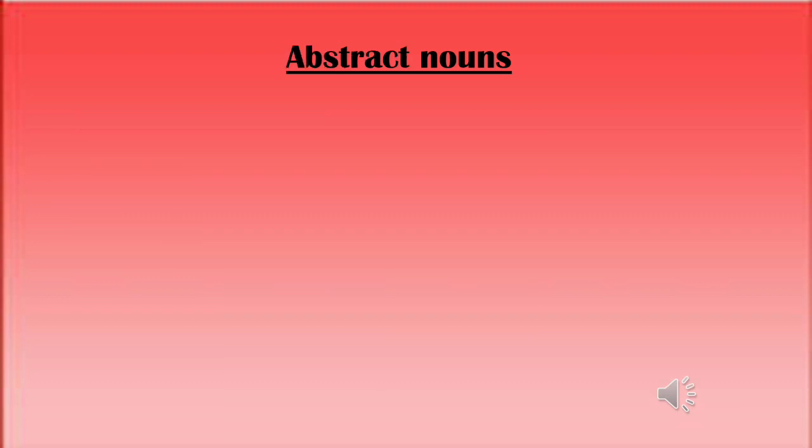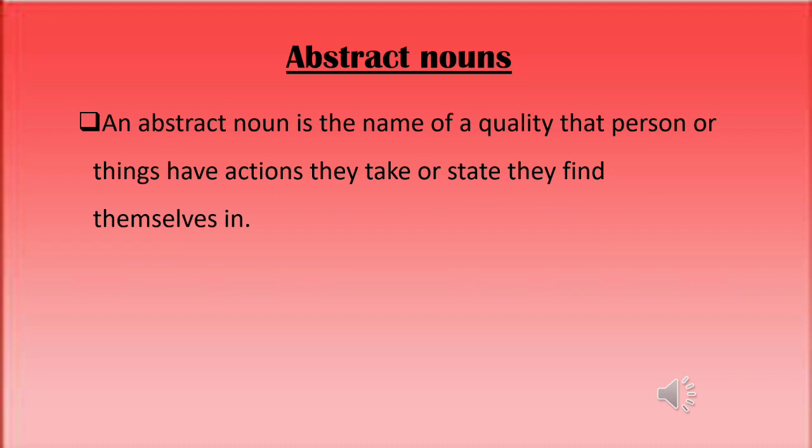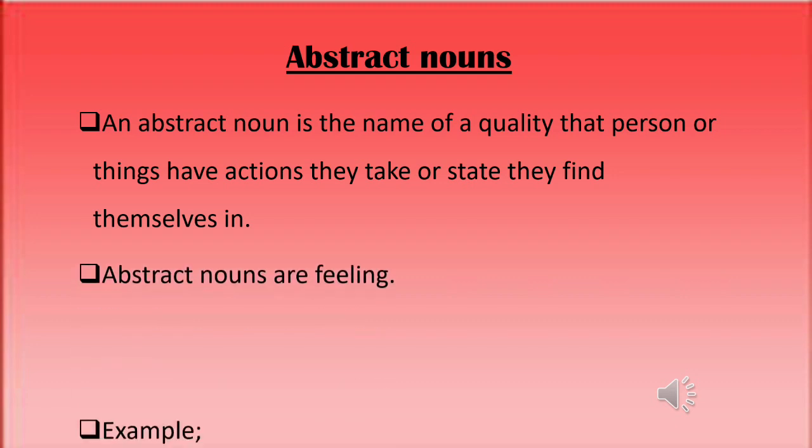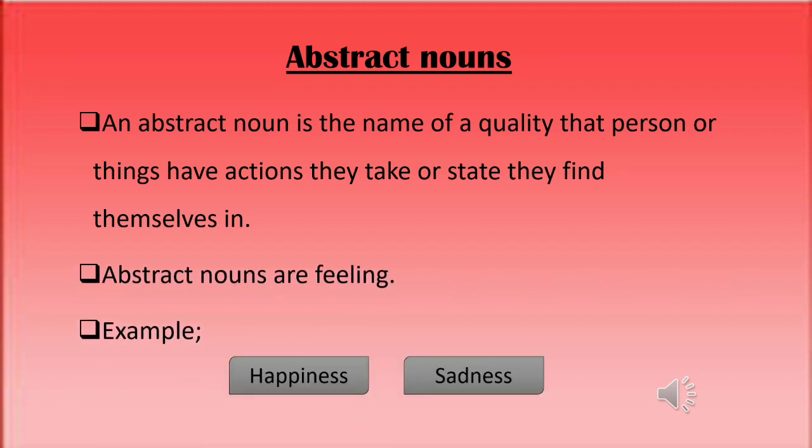An abstract noun is the name of a quality that person or things have, actions they take, or state they find themselves in. Abstract nouns are feelings. For example, happiness, sadness.